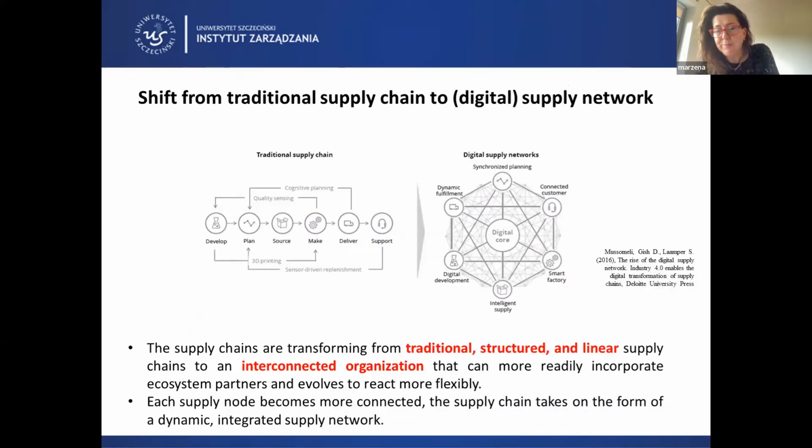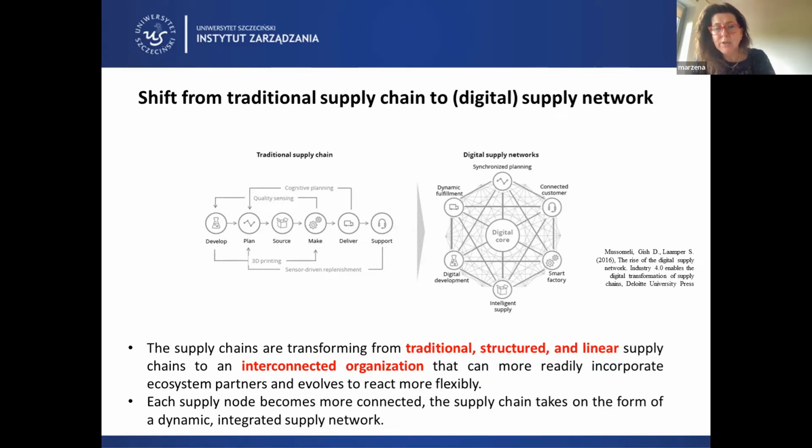And what is important is to always look at our company not as an isolated island, but in the perspective of a network organization. What is important nowadays is that before, in Industry 3.0, we could analyze our connections outside of our companies as a linear supply chain.